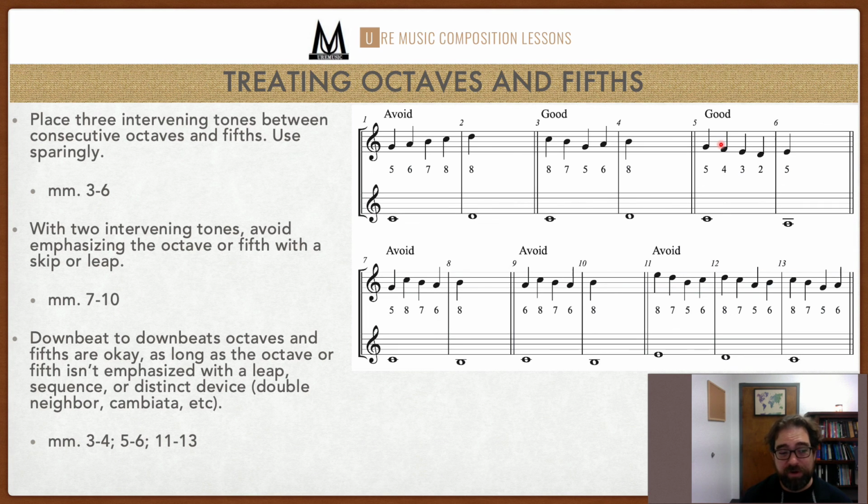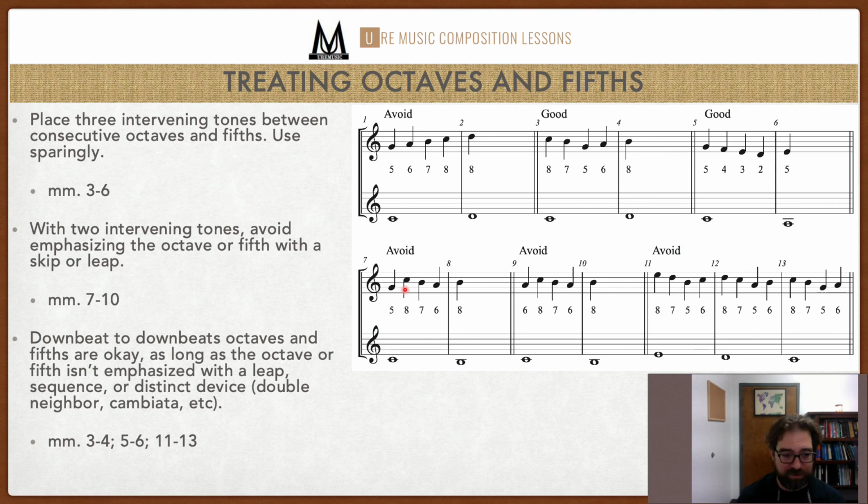If you have 2 intervening notes, you want to avoid emphasizing the octave or fifth with a skip or a leap. So if we look at measures 7 and 10, here we have 2 intervening notes, the 7 and the 6. So we should avoid this because we now have emphasized that octave.